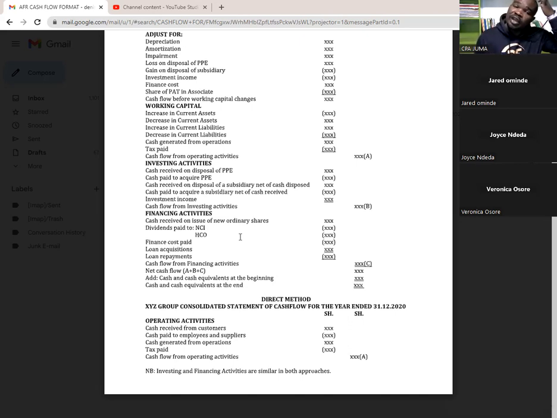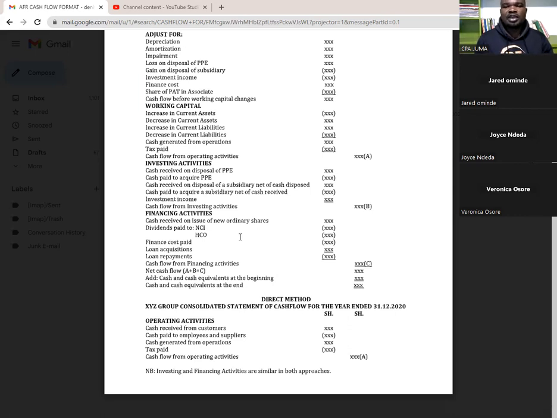HCO there stands for the holding company. Then I said finance cost, you can subtract it in any. In this case, it has been subtracted under financing. So finance cost paid, loan acquisitions, you add, loan repayments, you subtract. Loan repayments should be subtracted. Then you get cash flow from financing activities, which we are calling C.